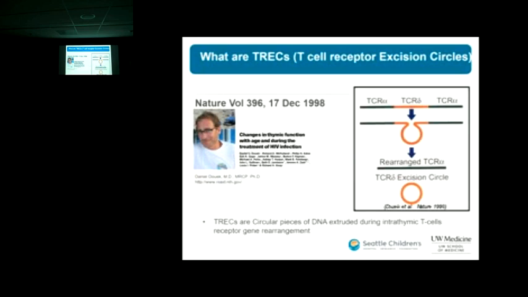As the alpha chain is rearranged, there is a looping out of the delta locus, and these are little excision circles that can be PCR'd out specifically. And so these rearranged T cell receptor alpha result in these T cell receptor excision circles. And it's a marker of T cells that are naive, that are coming out of the thymus.